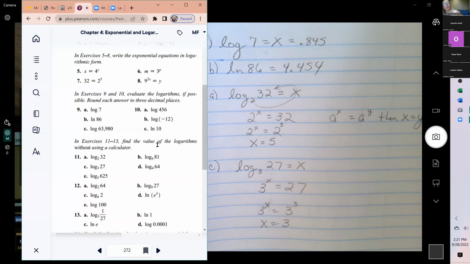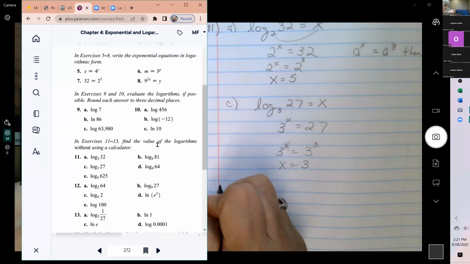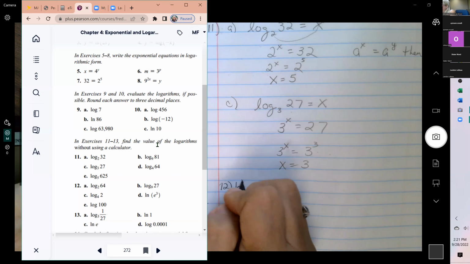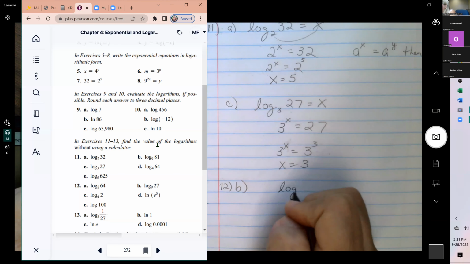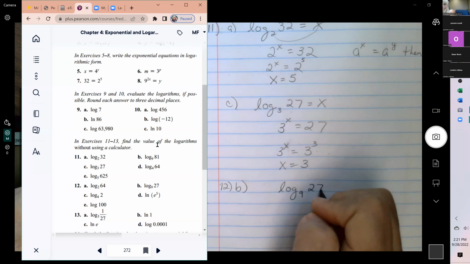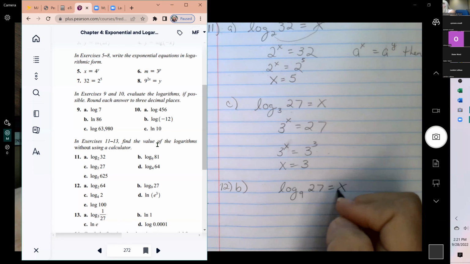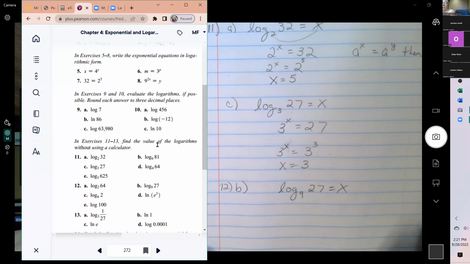Okay, let's look at, which one was it? 12B. Log base 9 of 27, and I'm going to set it equal to a variable. So we'll rewrite it.